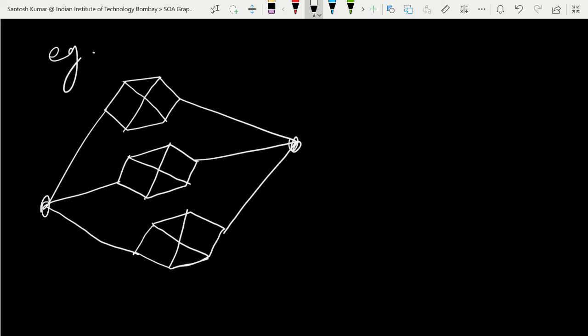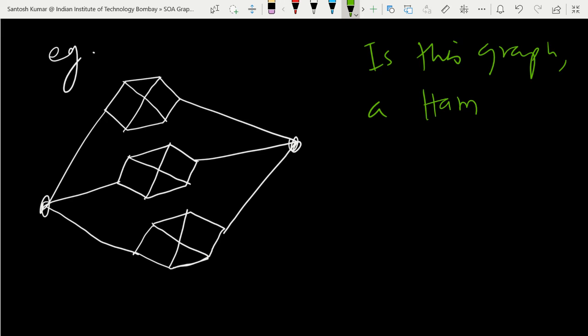If I ask you, is this graph a Hamiltonian graph? How will you check? You may try to find a Hamiltonian cycle, but you can do that.